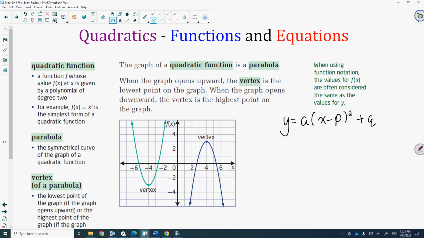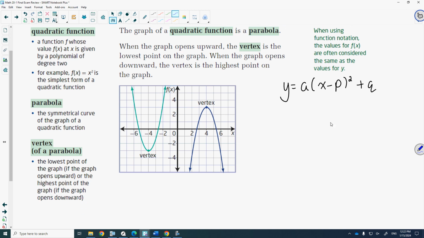Do you guys have this? This equation is on your formula sheet, so you don't have to memorize it, but it won't tell you. You have to know that p comma q, that's the vertex of your function.